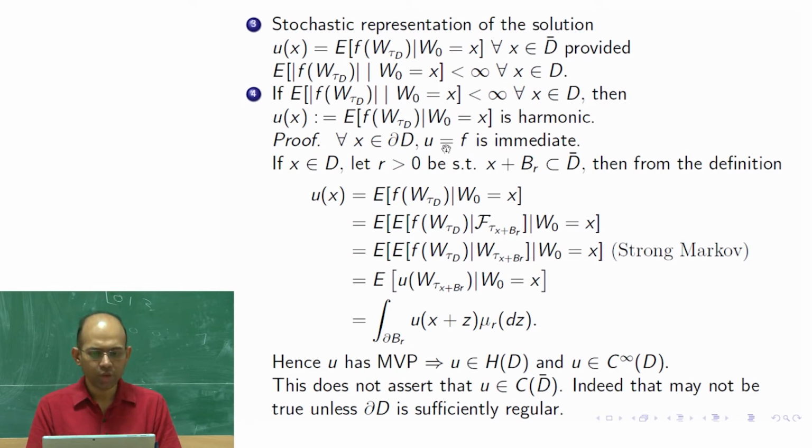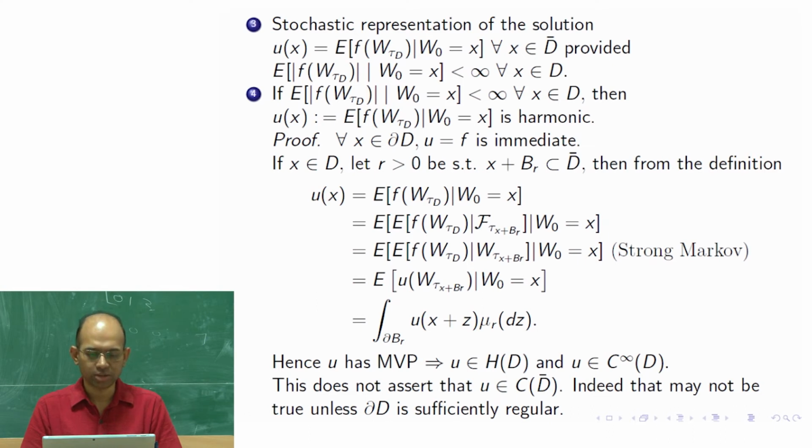We have shown that u is equal to f on the boundary, and f is continuous, and u is C^∞ in D. But that does not necessarily say that if you take a point x_n inside the domain and approach the boundary, then u(x_n) would converge to f(x).